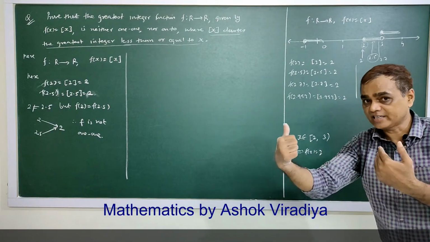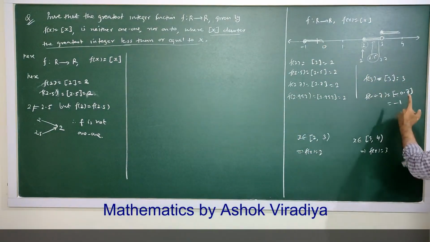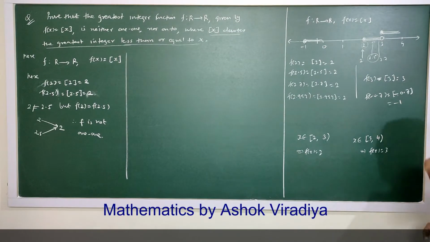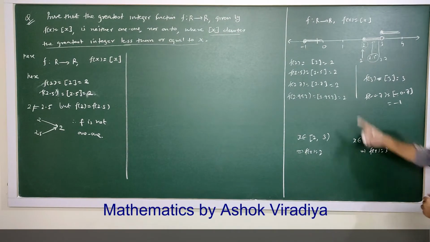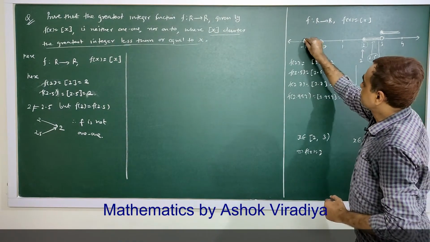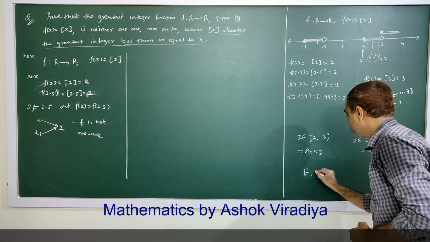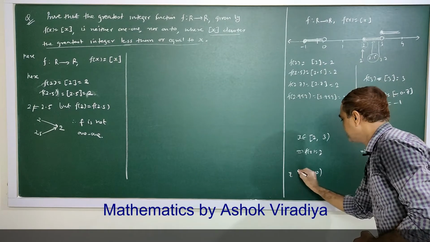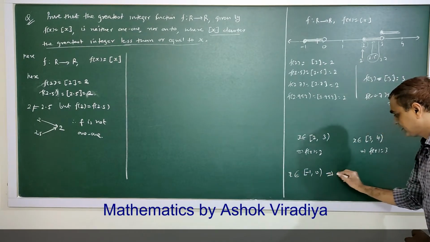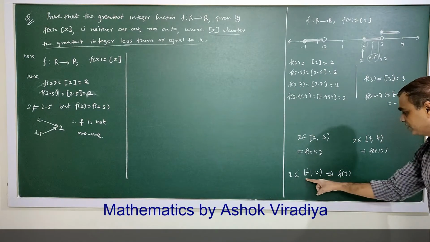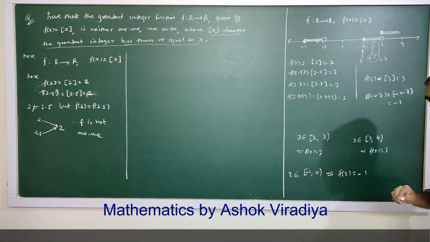So box value of -0.7 is -1. So if you take numbers from this interval from -1 to 0, if x is in this set, then the box value of all these numbers is -1.